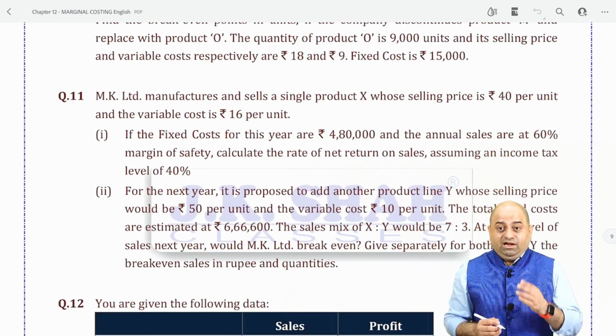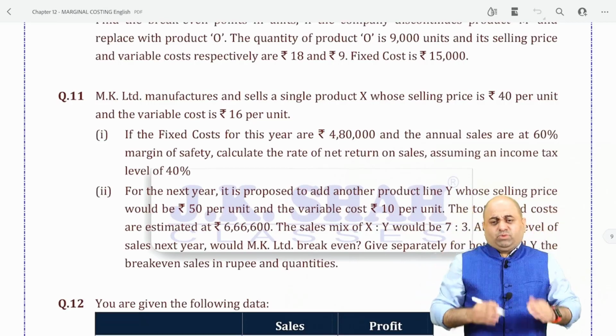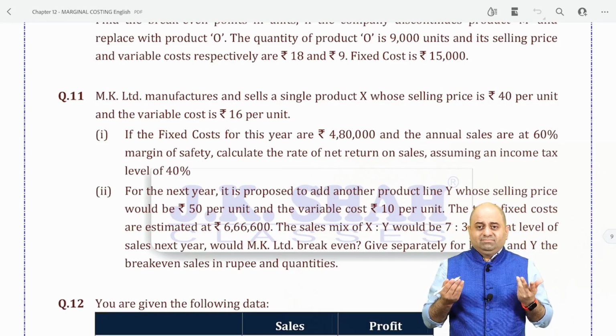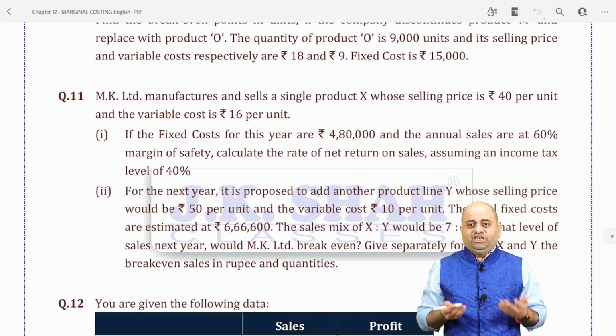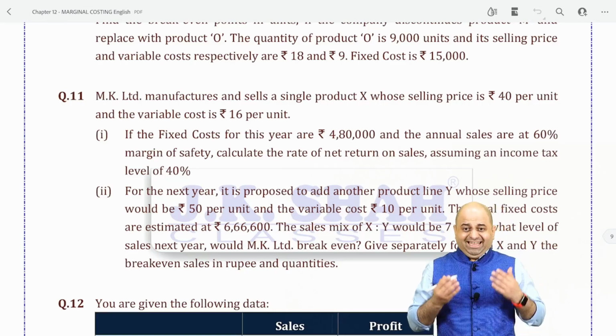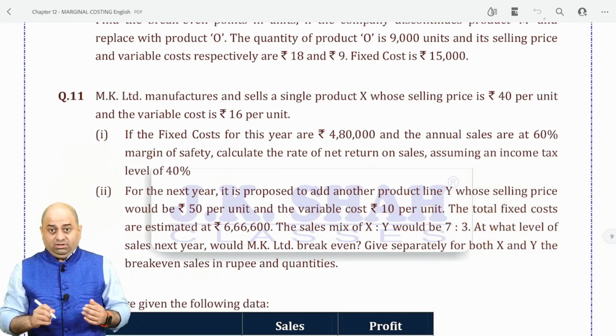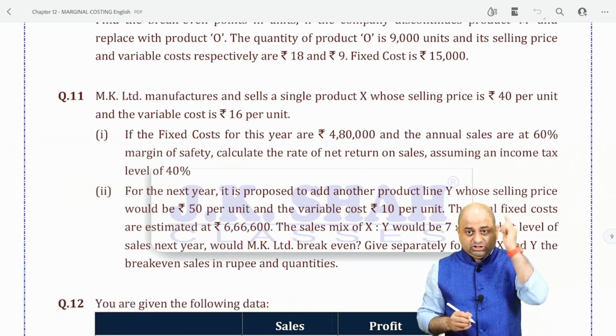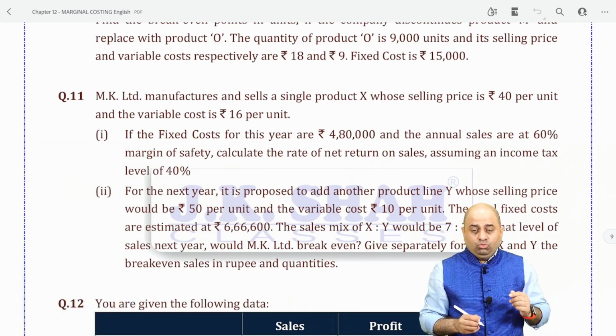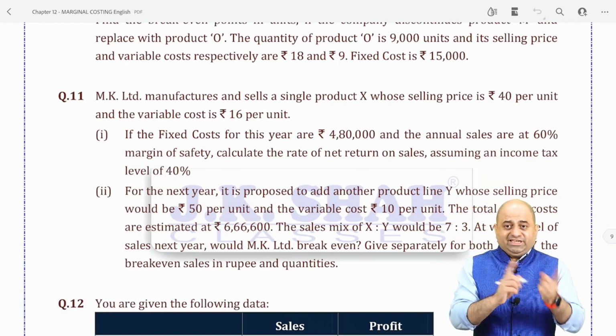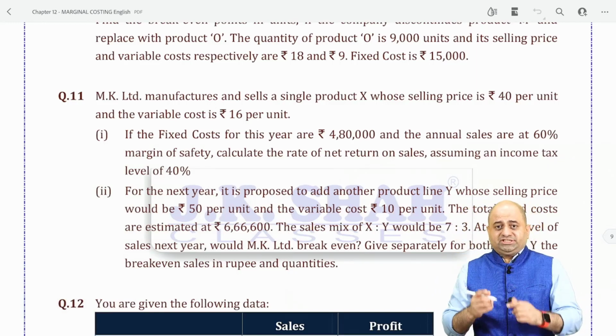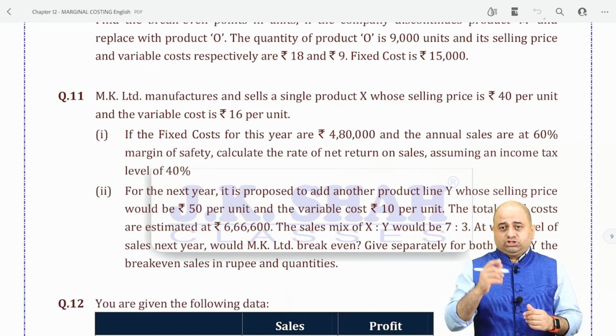In fact, 11th question's second part is identical to this one. The ratio is different. The ratio is 7:3. That's the only change. Question 11's first part, which I'm doing right now, gives you a selling price of 40, variable cost of 16 per unit, and fixed cost.